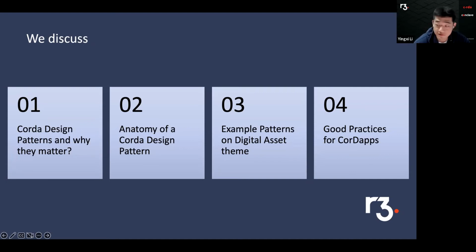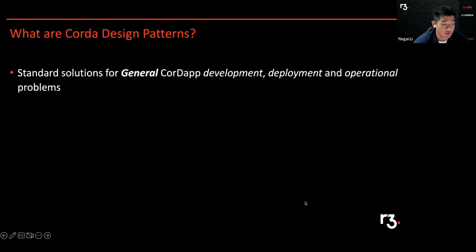Okay, so the first section: why are we doing this? What are the Corda design patterns? We think of Corda design patterns as suitable standard solutions for general Corda app development, deployment, and operational problems.